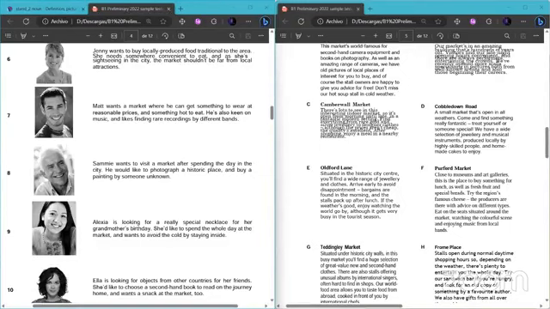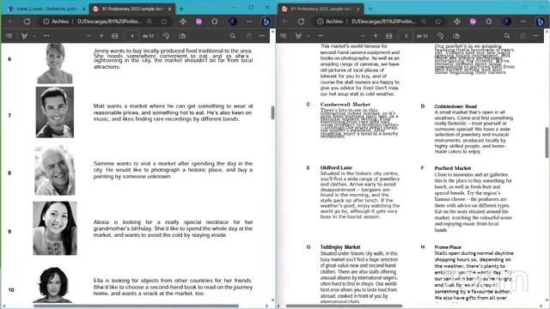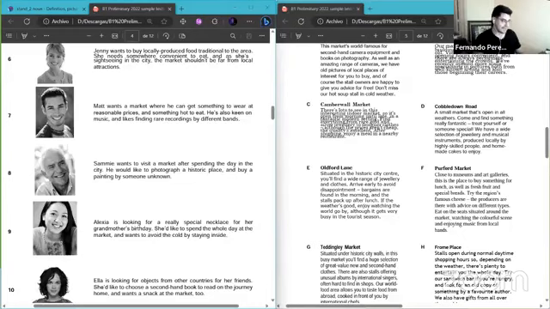I think that the Sami can be related with letter E. Number 8, letter E.